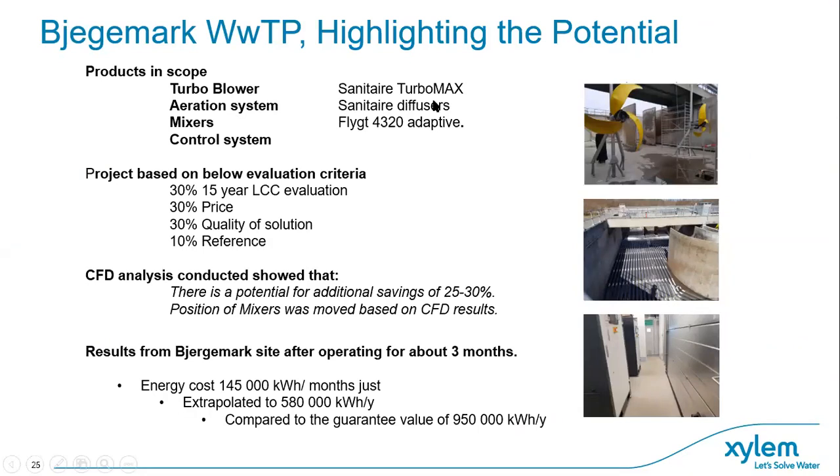We used the Sanitaire Turbomax blowers, sanitary aeration diffusers, and of course the new adaptive 4320 mixers, which enable us not to oversize mixing, and you can also optimize the mixing effect when they're installed, because they have built-in frequency converters inside the motor, so it's easy to control as well. And on top of that, there was a control system.